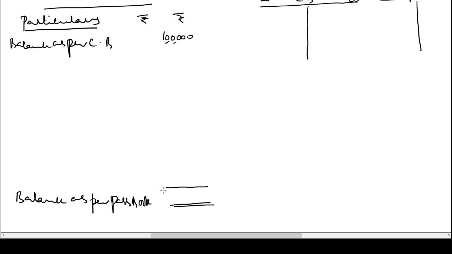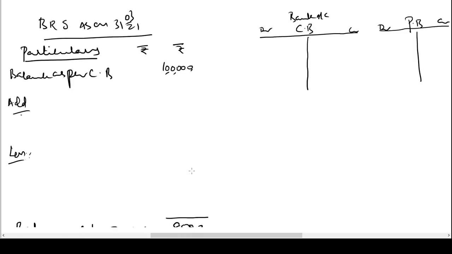We know that the balance as per passbook on 31st March was 85,000. So we have to now make this 1 lakh equal to 85,000. Okay. Then we may have some add items and some less items. So what should be written in add and what should be written in less, we'll see now. Okay. We have to prepare some working notes, rough notes here.